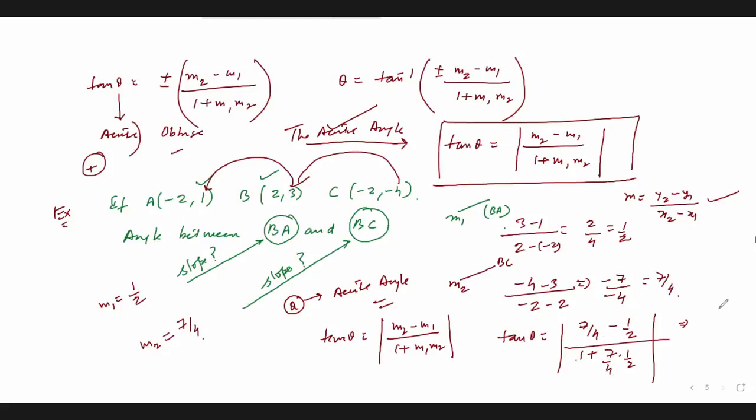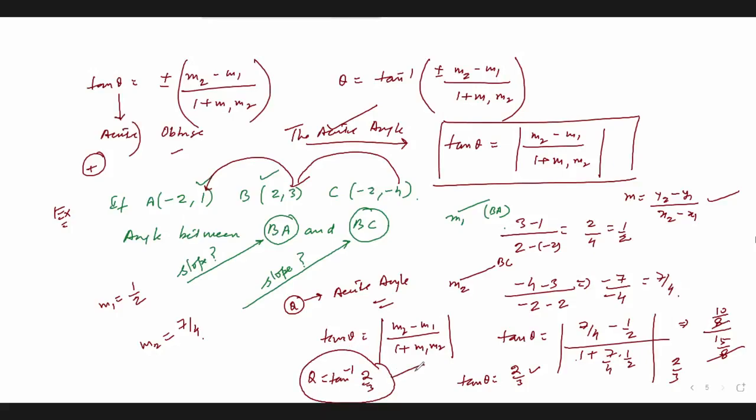So we get 10 upon 8 divided by 15 by 8. The 8s cancel, which means 2 by 3. That means tan theta is equal to 2 by 3. So theta is tan inverse of 2 upon 3.